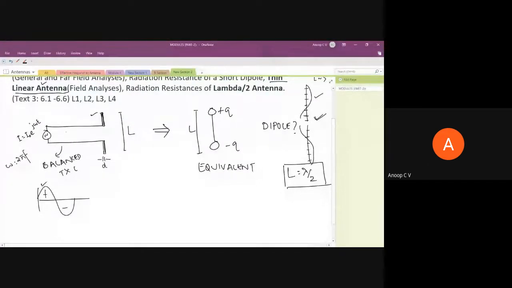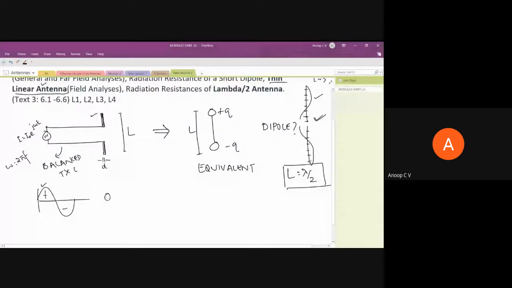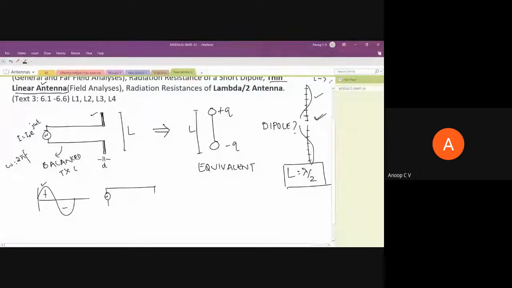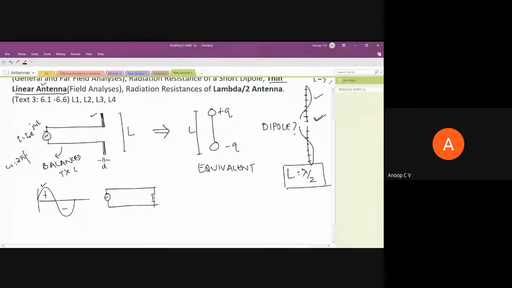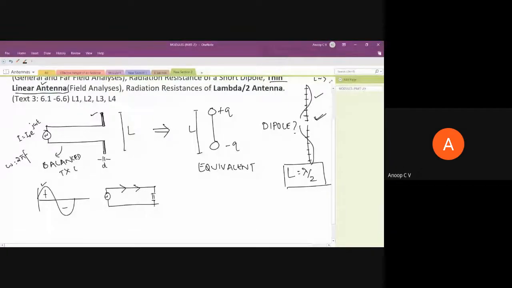During the positive half cycle, if there is a transmission line like this with a load or something, current will flow in this direction, and then it will return through the lower path. You can assume current flow as the flow of a positive charge.